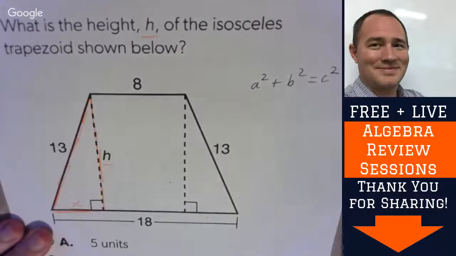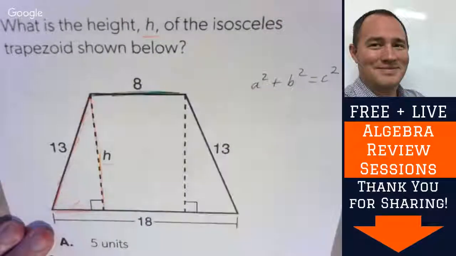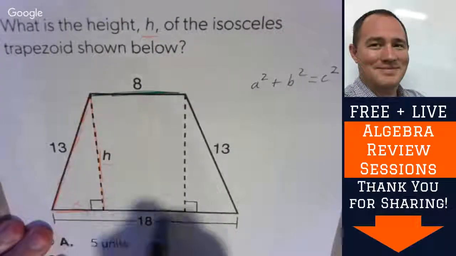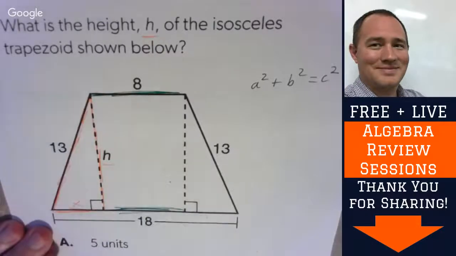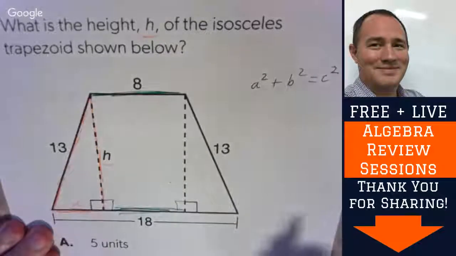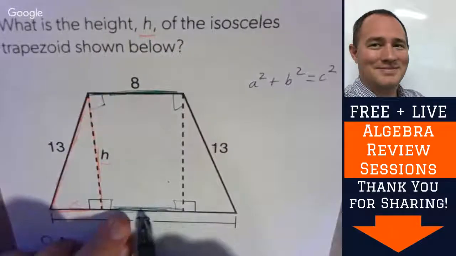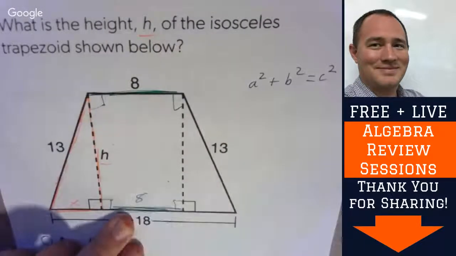Well, if this distance up here is 8, then this distance down here would be 8, right? And we know that because we have these right angles, okay? So those are all right angles. So that would make this base 8 as well.